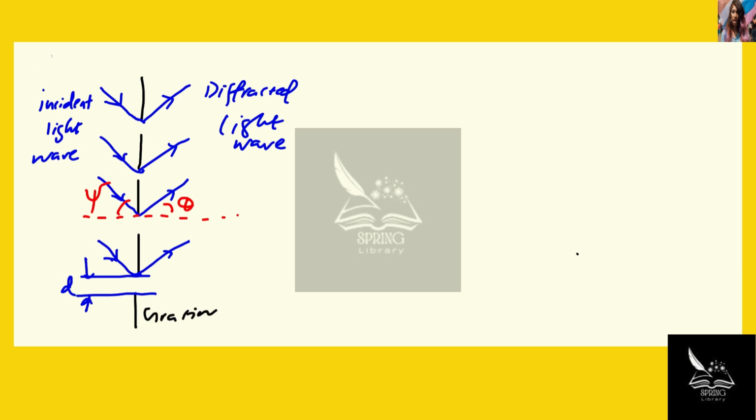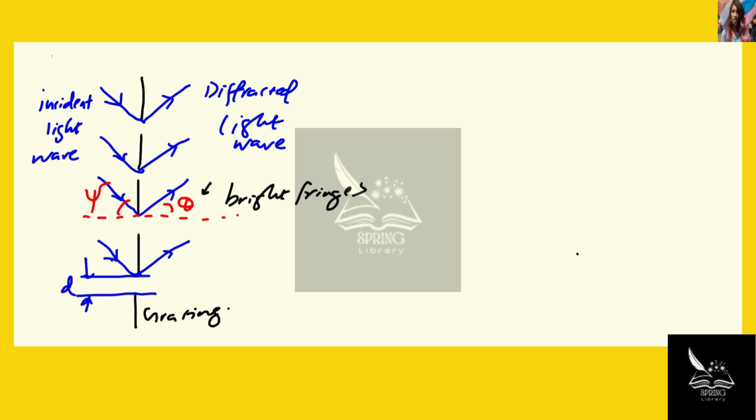So this is the piece of information that's given in the problem, and these are bright fringes, and they're diffracting at an angle of theta.